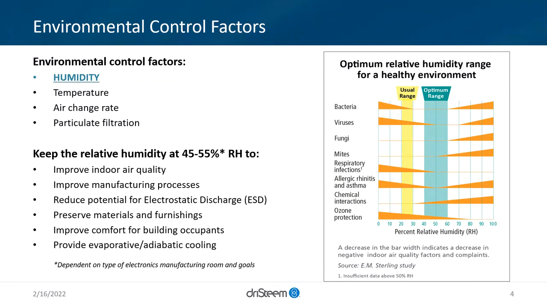Air change rate is another high topic, and really depends on the type of facility you're running, what classification that may be. If it's a class 5 or 6, which would be a higher end, typically like an aerospace application, versus a normal class 7 or 8, which has fewer air changes per hour, and which a majority of electronics manufacturing falls into.